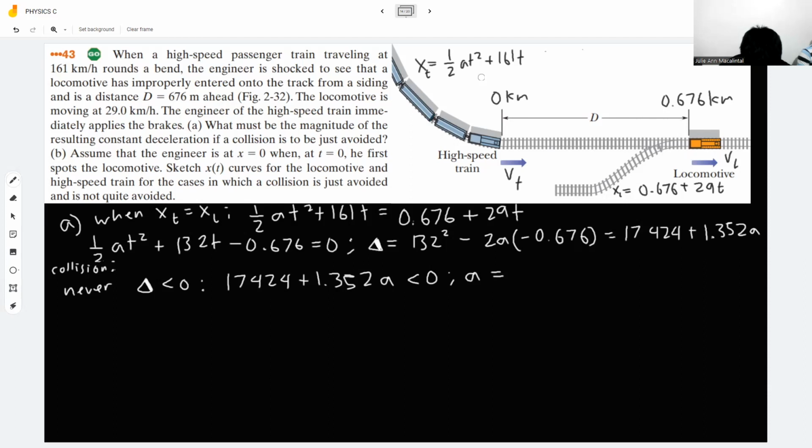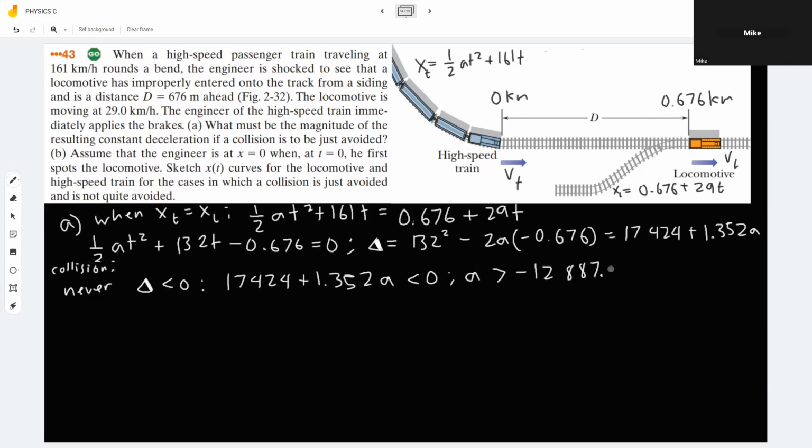Wait, let's check the key for the units it gave. In meters per second. So chapter 2, number 43. Yeah, the key is in meters per second squared.